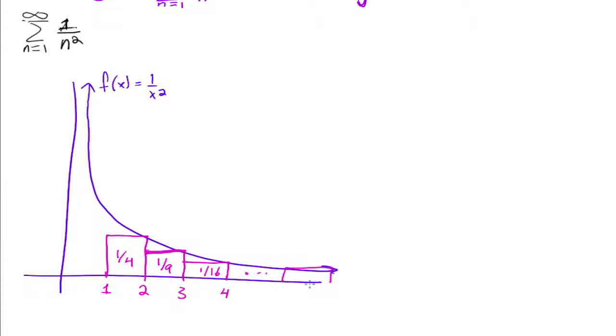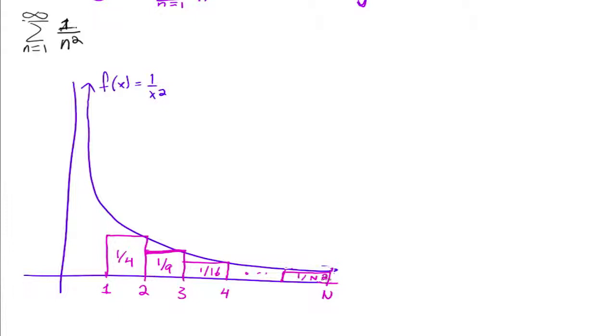Oh shoot, wrong way. I'm doing right hand. Okay, so it looks like this. So this is n, and this is 1 over n squared. Okay, so far so good?